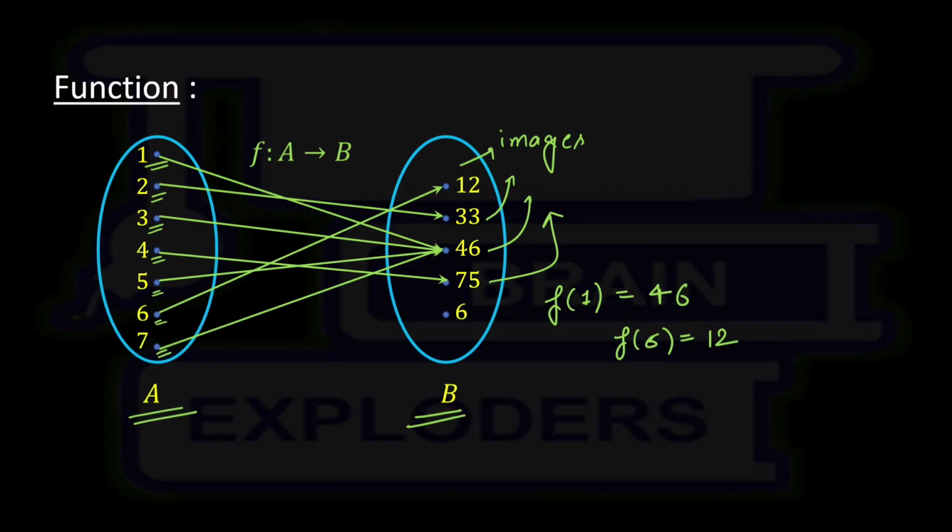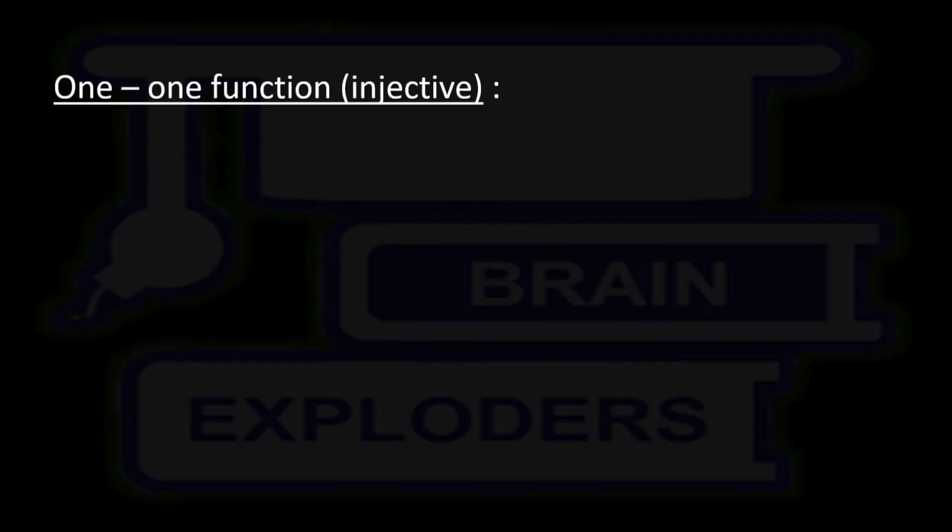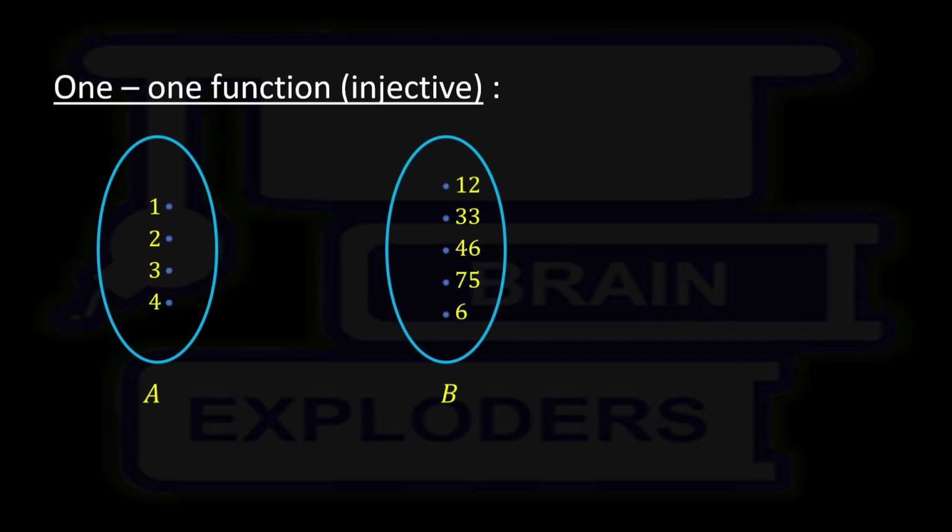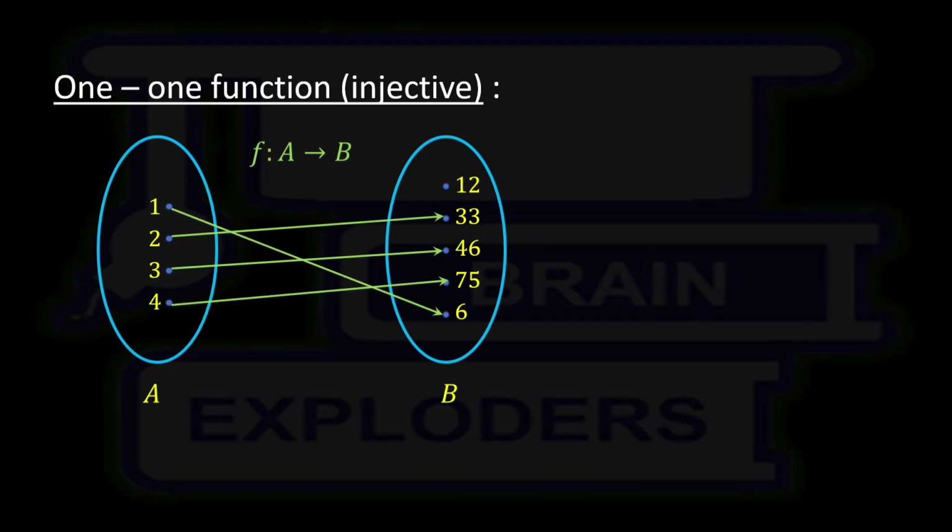Okay. Now let's talk about one-one functions or injective functions. So injective functions are the functions in which no two elements of A have the same image. Okay. Suppose here one more element is there in A and we connect this element to 6, we map 5 to 6.